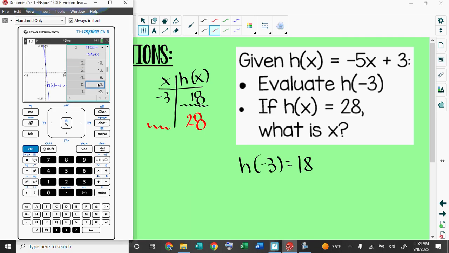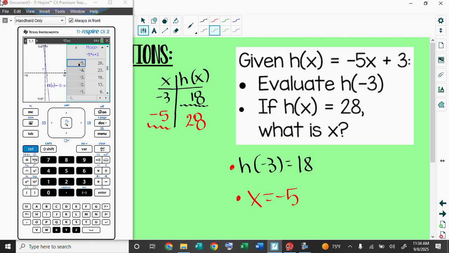And over here in the y, I need to look for 28. And so I'm going to go up because I see that oh, look, there's 28. When y is, or h of x is 28, my x is -5.